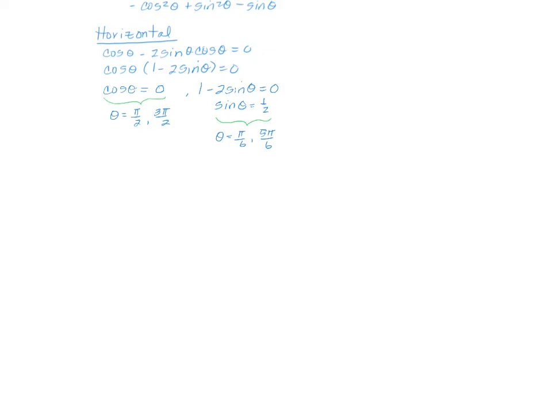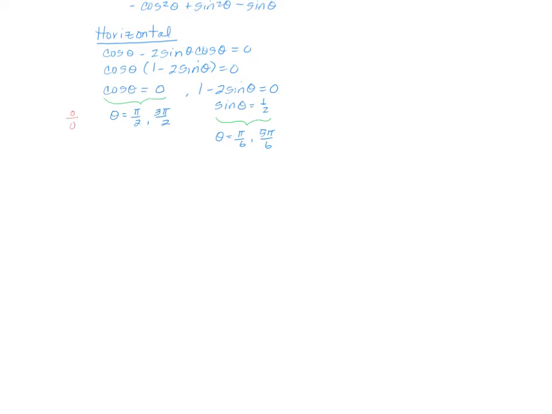Okay. So remember, I'm looking at where my derivative is equal to 0. So I just set my numerator equal to 0, but I do have to be careful, because if any of these theta values also makes the denominator equal to 0, then I have a 0 over 0, which is not where a horizontal tangent line is.